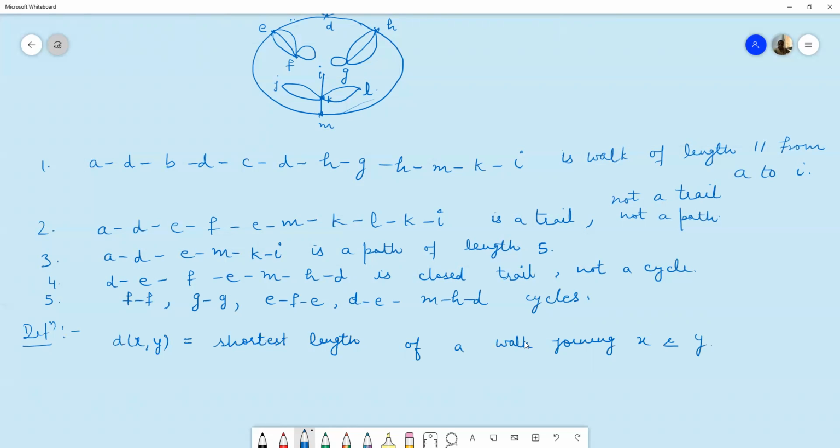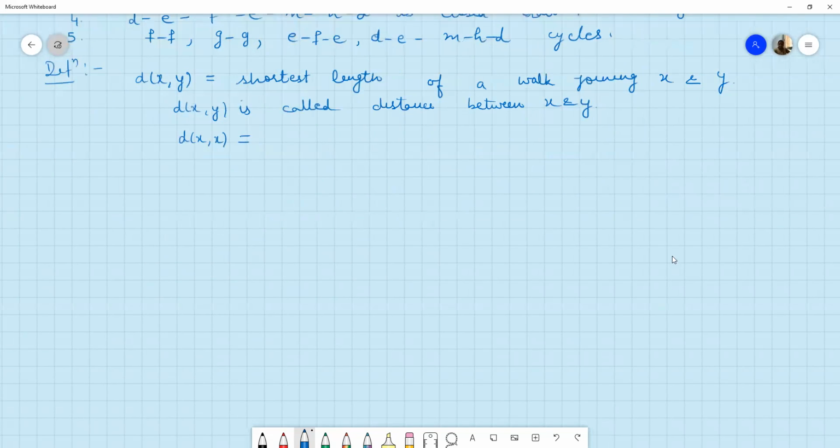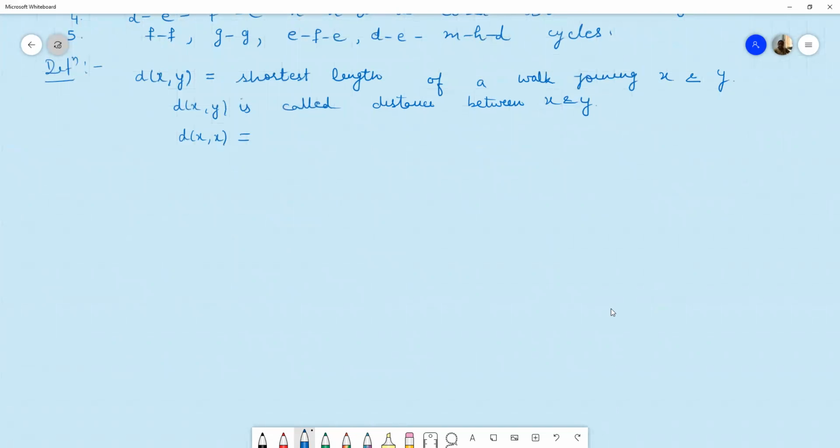So this dxy is that shortest length, and it is called the distance between X and Y. So if we take dxx, then this is the shortest distance between X and X, and that will always be 0. So we take dxx to be 0 for each vertex X.